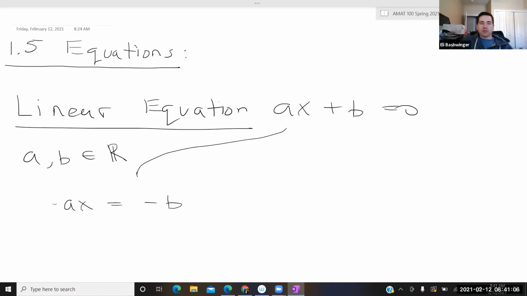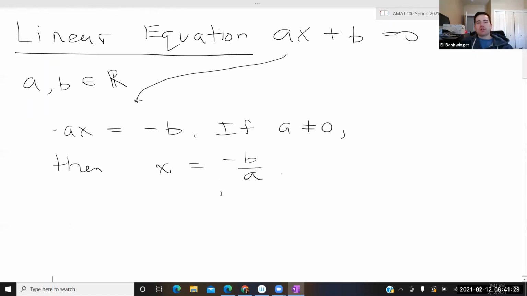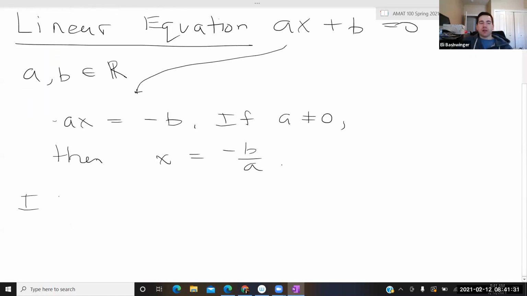Now you have a subcase. If a is not 0, then you can divide both sides by a, and that will give you x equals negative b over a. That's the solution to this equation. And of course, you have this other case, if a is 0, then there's not really much to do.